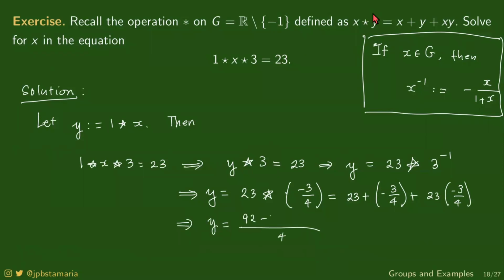Minus 3. 23 times 3, that's 69. Tama ba si sir? Yes. Now, what's 92 minus 69?